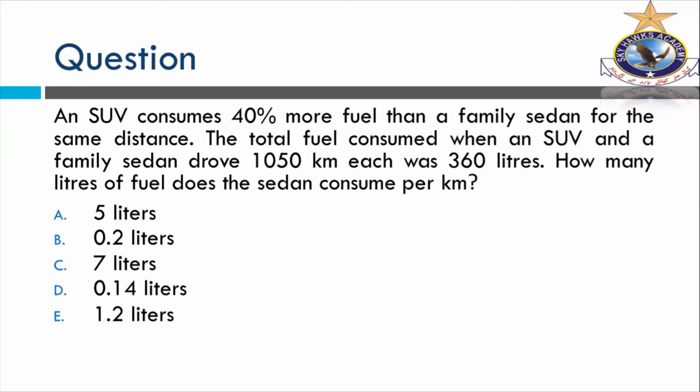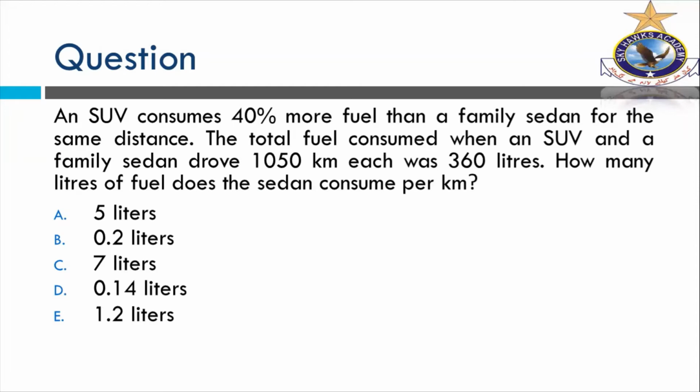What I mean to say is, the 40% more of this x, which we are supposing, this 40% more than this consumption x must be added to equate 360 liters total consumption. Then we will have to find the x. That will be the fuel consumed by the sedan during this journey, that is 1050 kilometers.